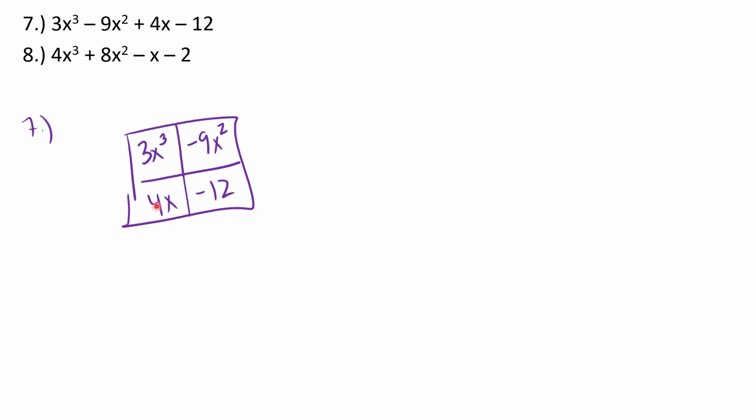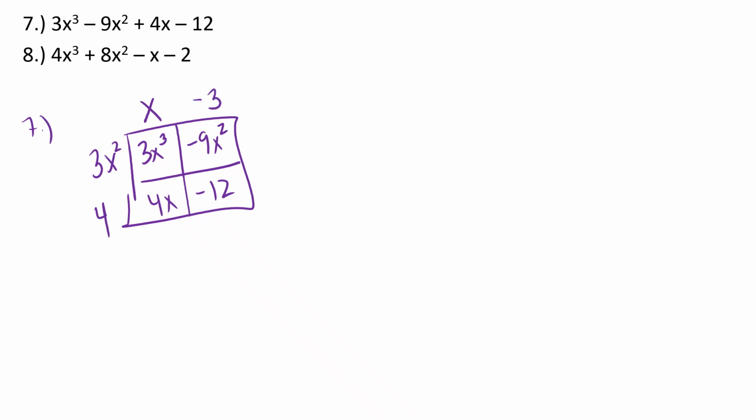If you put it in the area model, you can start this way. 3 and 4 do not share a common factor, and there's no negatives. So you're really only looking for the GCF between x to the third and the x, which is just an x. And that gives you your starting point. So this would make that 3x squared there, and this would have to be a 4.